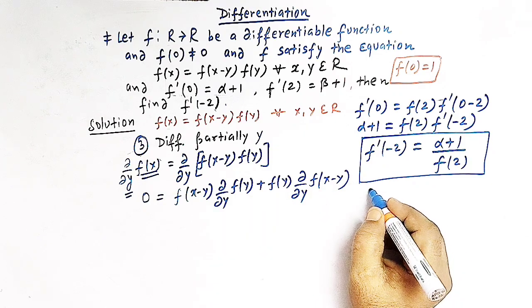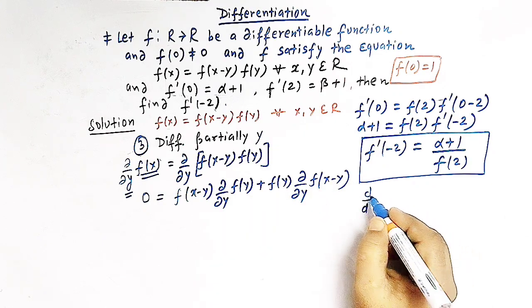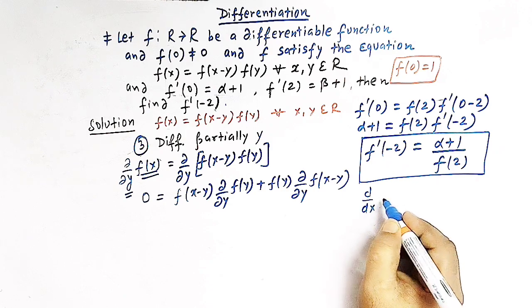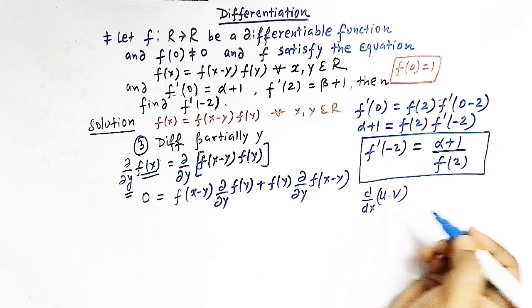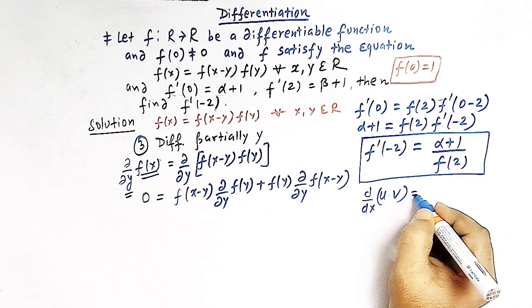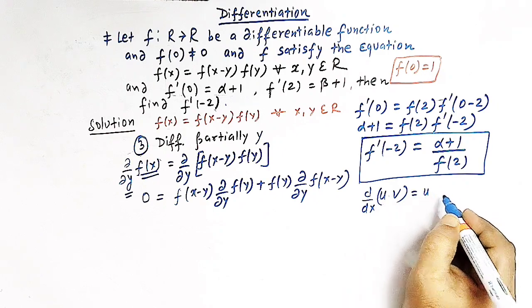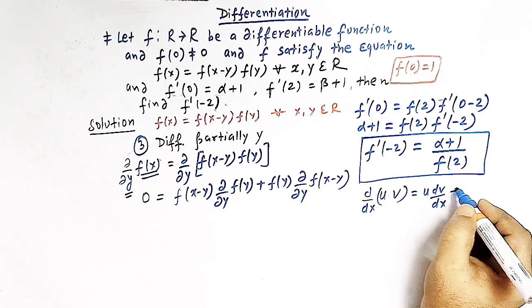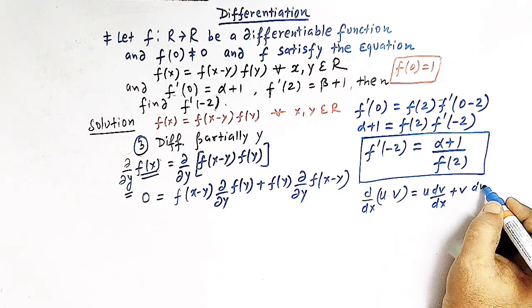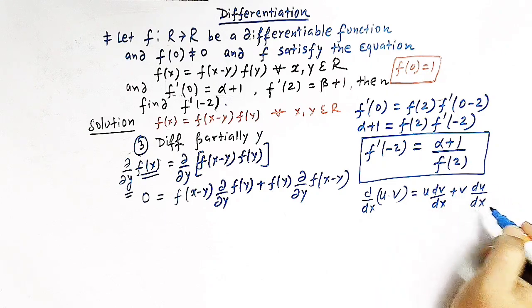Here we have used this result: d/dx of uv, where u and v are functions of say x, then the product rule says that first we have u, then dv/dx, then we have v and du/dx.